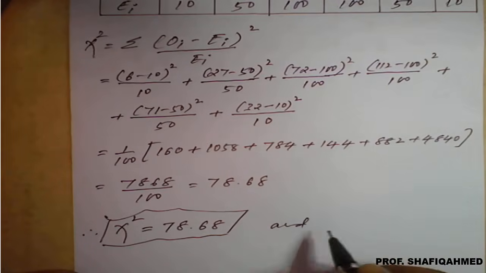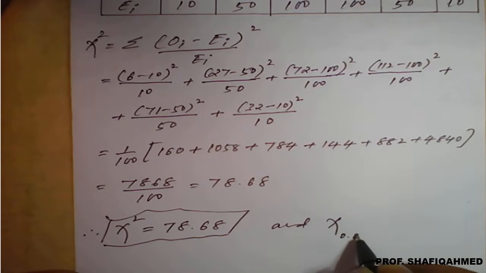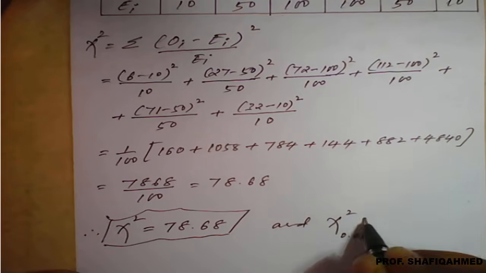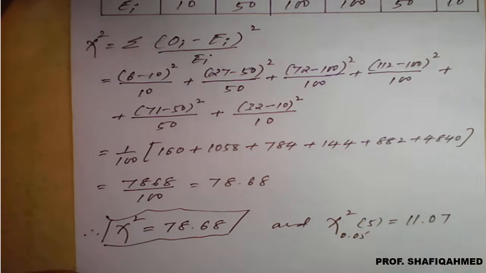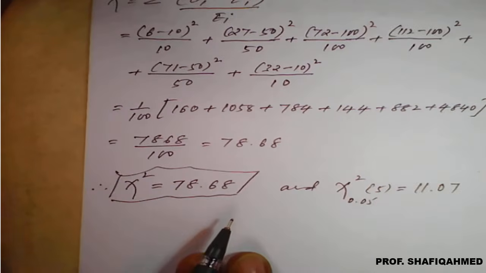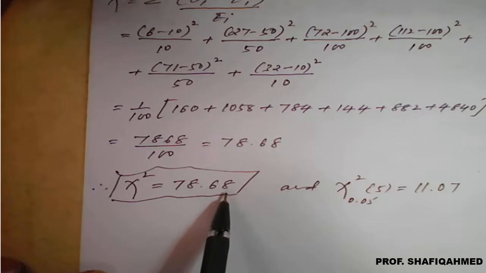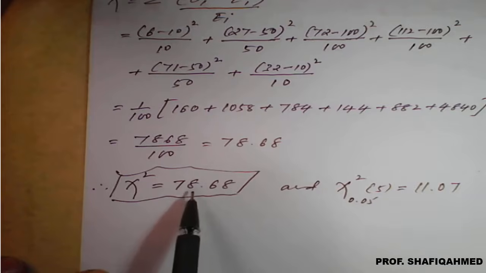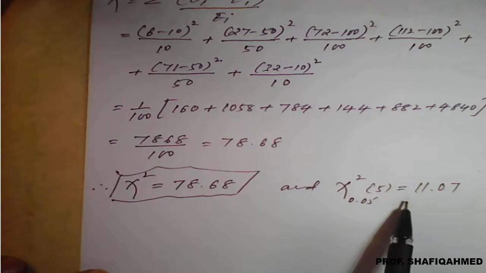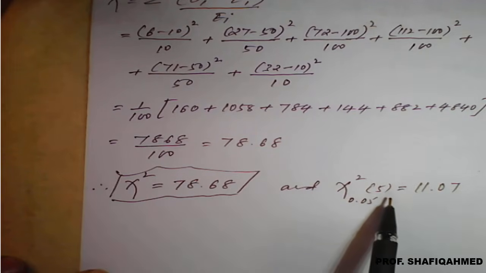And we know that chi-square of 0.05 for degree of freedom phi, which we got from the question itself, is 11.07. So just observe the values here, 78.68 and 11.07. The value we have calculated is greater than the table value of chi-square.